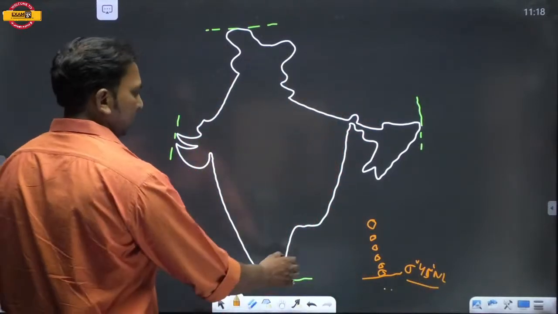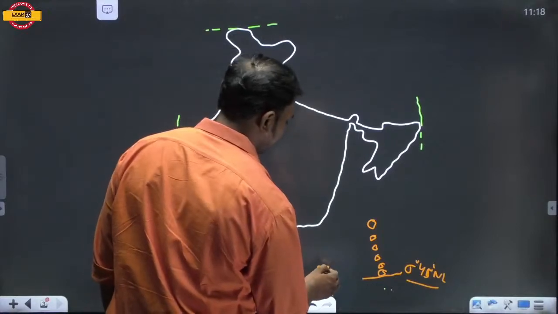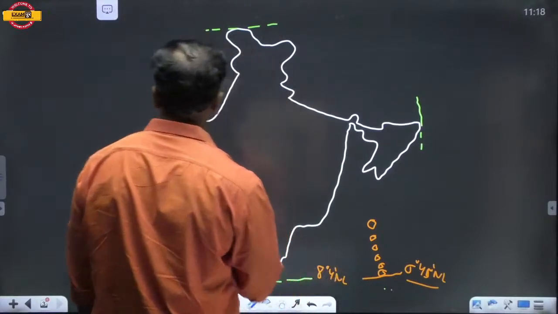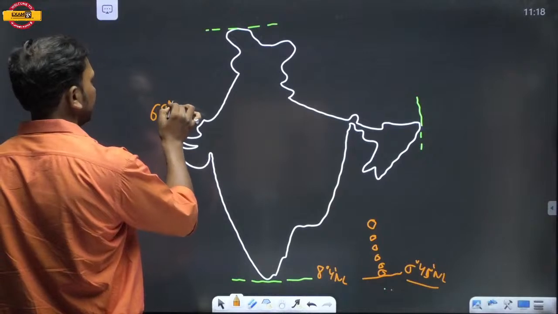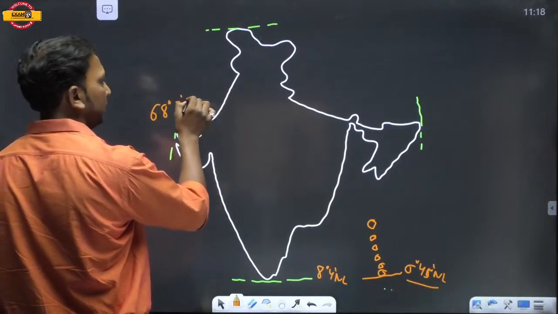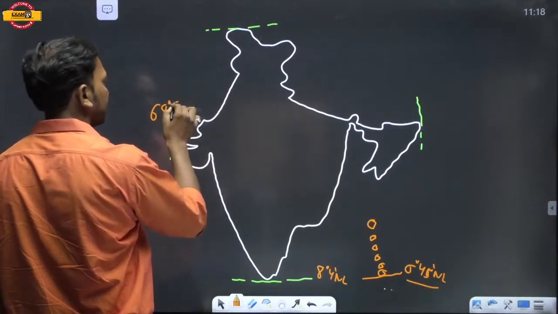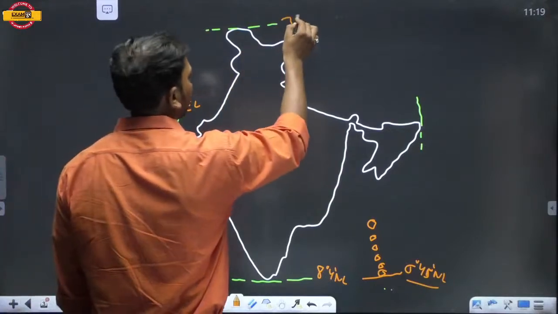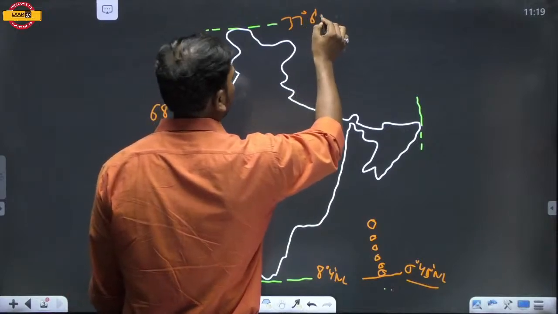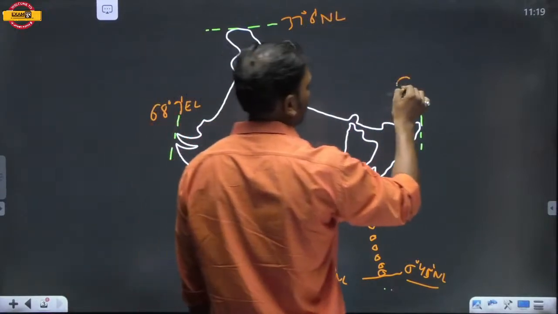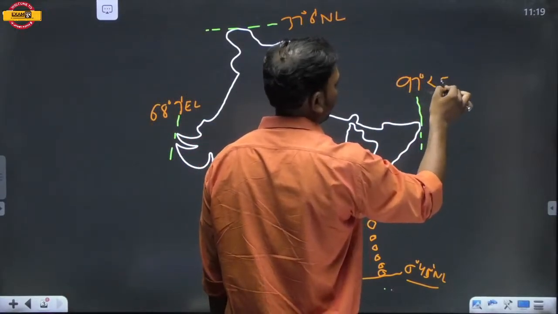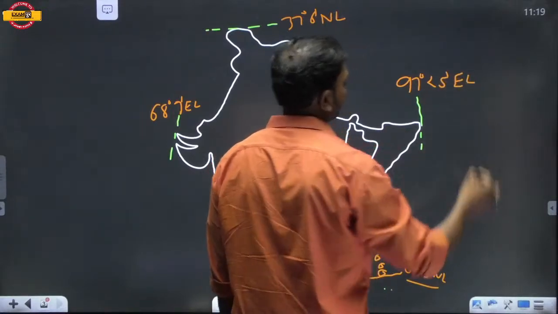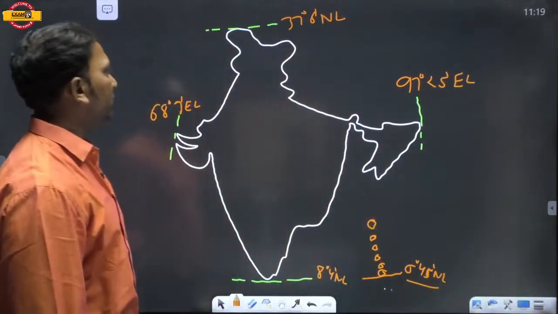This is 8 degrees 4 minutes north latitude. Here it is 68 degrees 7 minutes east longitude, and this side is 37 degrees 6 minutes north latitude. Here it is 97 degrees 25 minutes east longitude. So that is all about latitude and longitude.